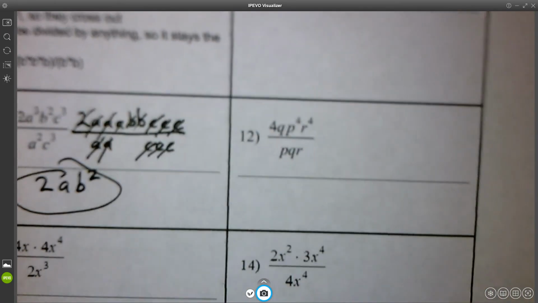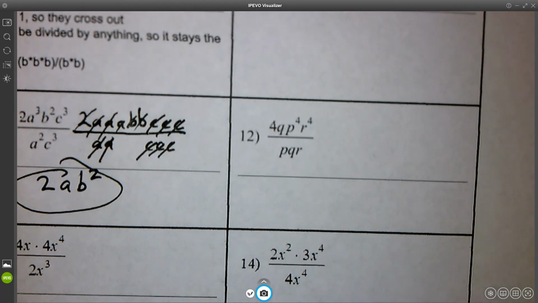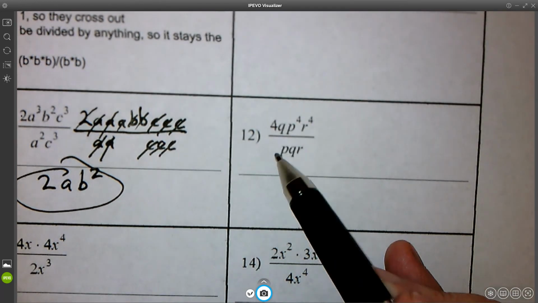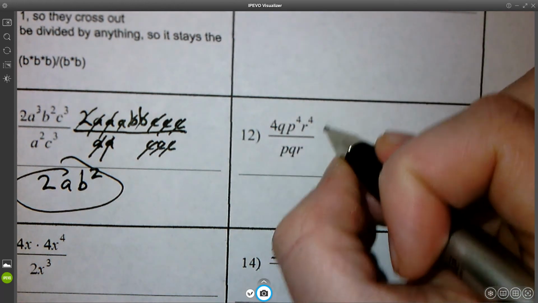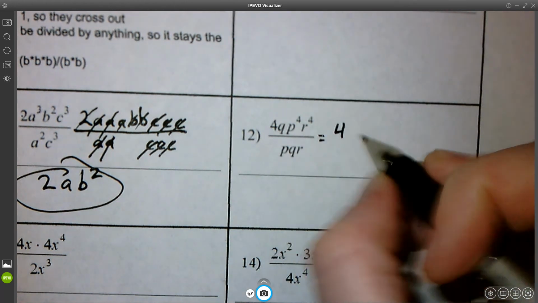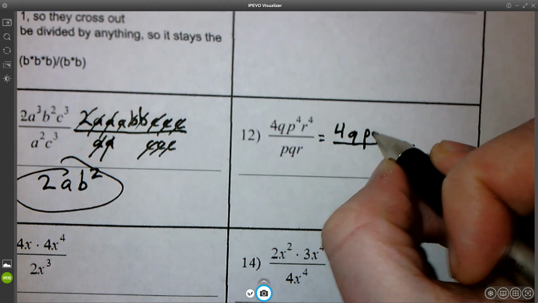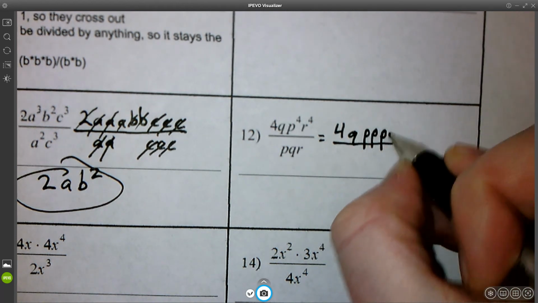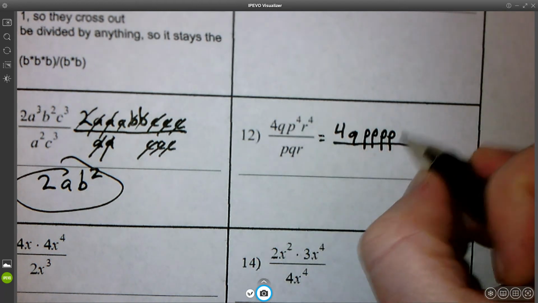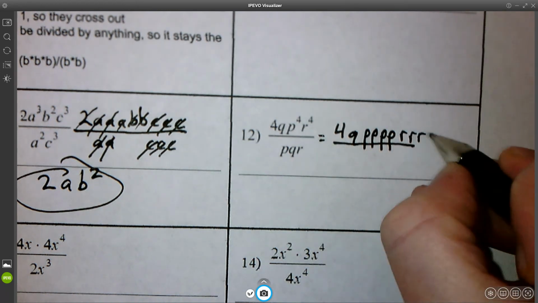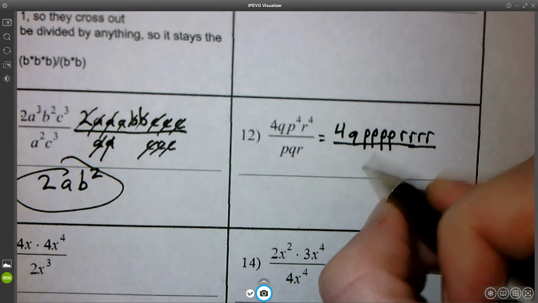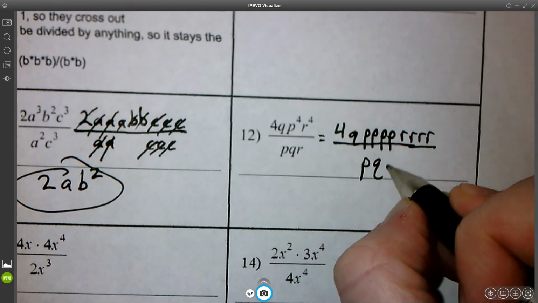Looking at number 12, same thing. The coefficient is on top, there's nothing on bottom. So we have q, we have 4 p's and 4 r's. Now on the bottom you have p, q, and r.